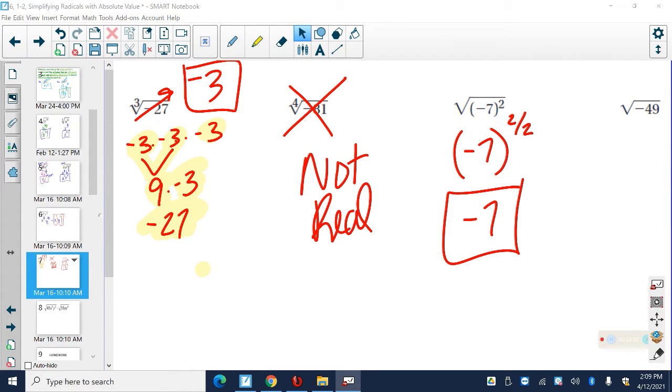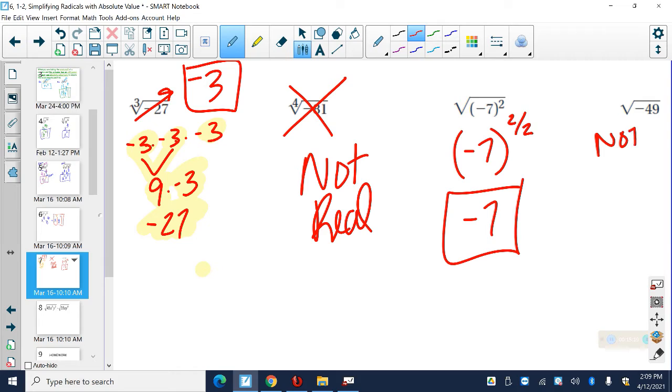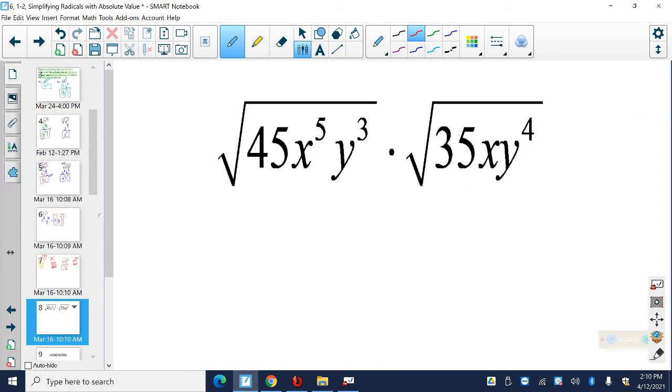I have this over here: the square root of negative 49. Can I take the square root of a negative number? No. So what's my answer? Not real. Can't do it. It's the imaginary number system, remember? Negative 1 times 49. Negative 1 is i squared. All right, number 8.